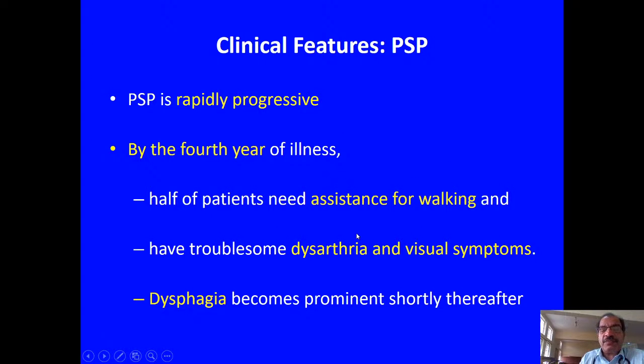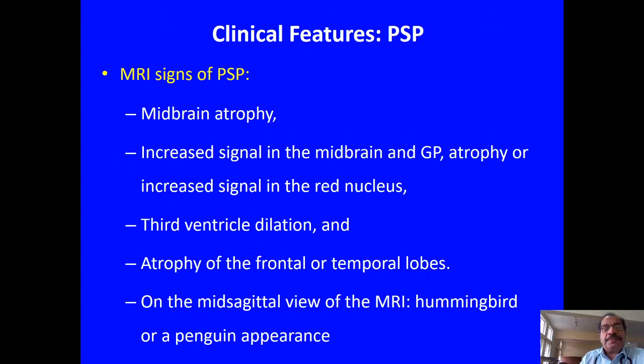And subsequently the patient may have various bulbar manifestations like dysarthria or dysphagia, and visual manifestations may also come. So these things appear within 2 to 4 years. But in case of Parkinson disease, these things will appear after several decades. So PSP and MSA will have severe manifestations and rapid progression of the disease within a few years.